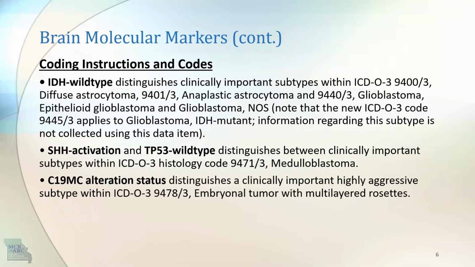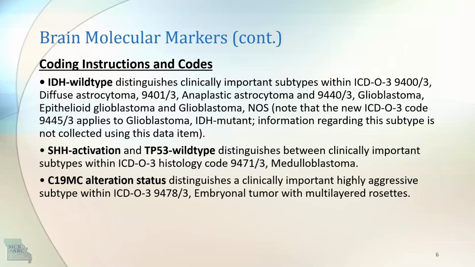Note that the new ICD-O-3 code 9445/3 applies to glioblastoma, IDH mutant. Information regarding this subtype is not collected using this data item.